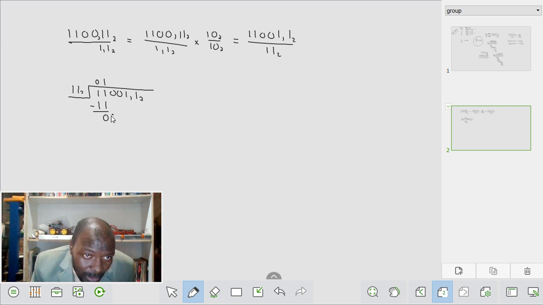We bring this 0 down, we try here, no, so we put a 0. We bring the next one down, it's a 0. We bring that one down, 1 1 cannot go into 1, so this is also a 0. Our comma stays in this position.